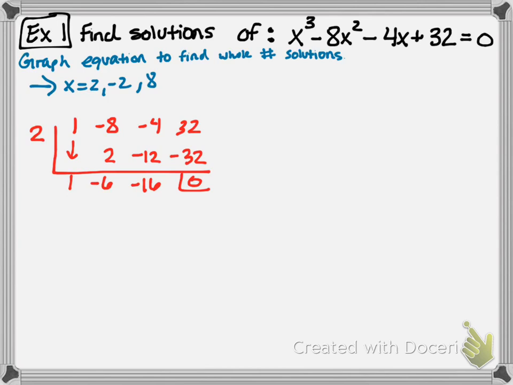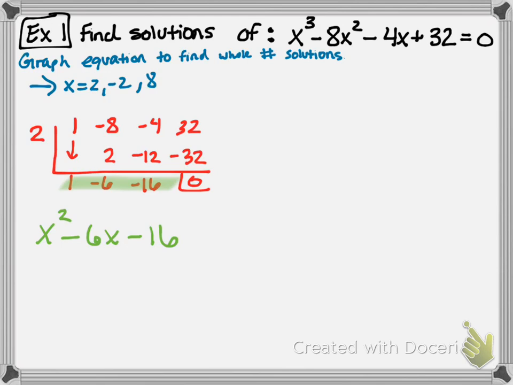Now, I'm going to take what's left underneath. What's left underneath is a new polynomial. So I'll highlight this in green, then I'll write it in green. That right there is a new polynomial, x squared minus 6x minus 16.